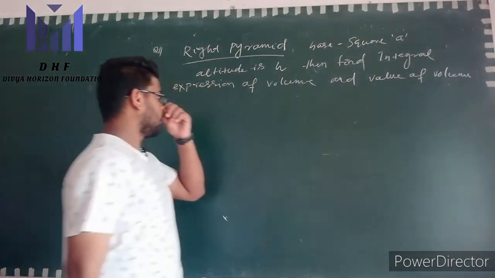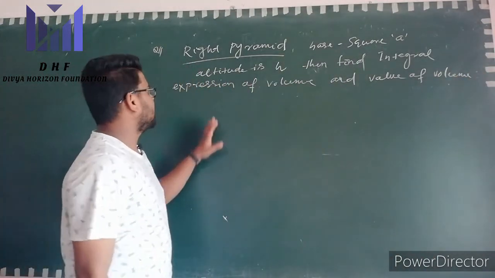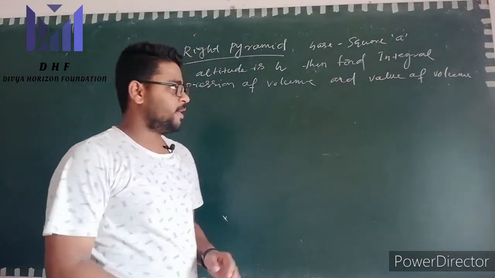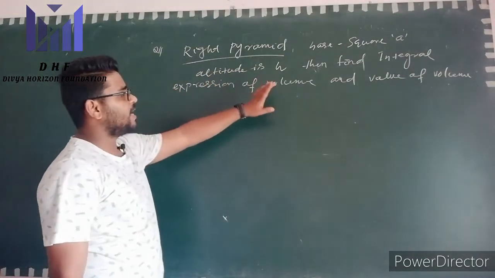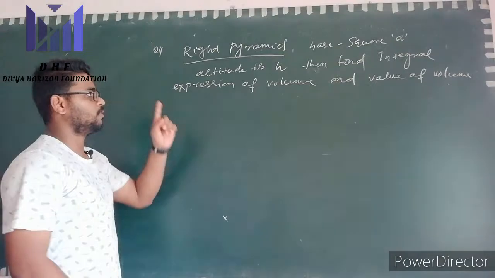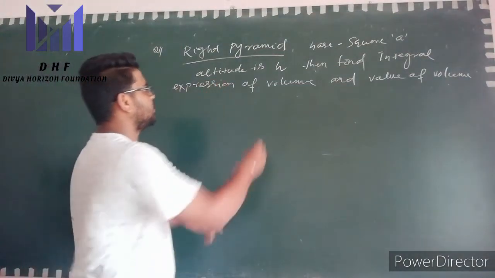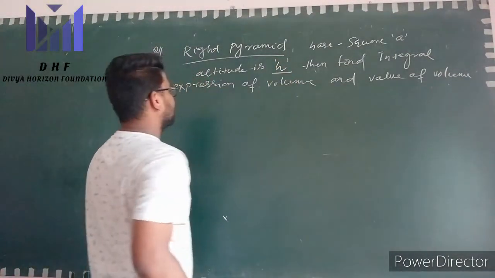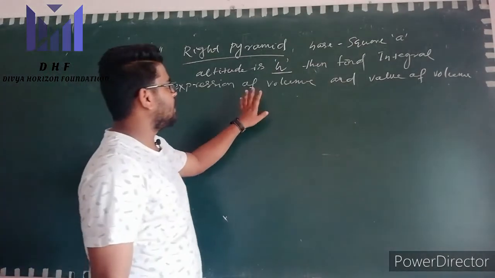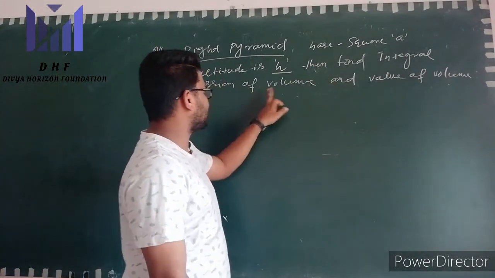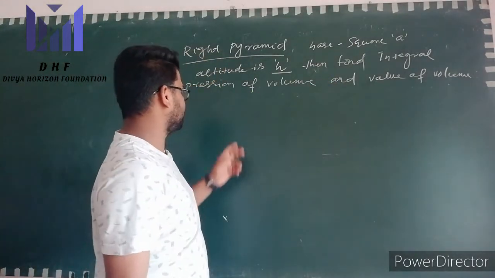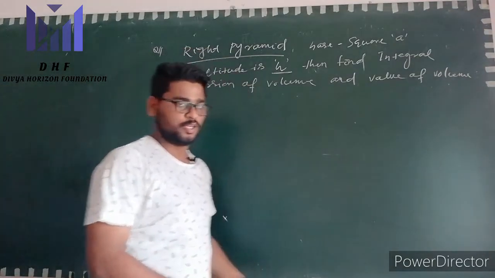So the question is, given a right pyramid whose base is a square of side A and altitude is h, we find the integral expression of volume of a right pyramid and the value of the volume.